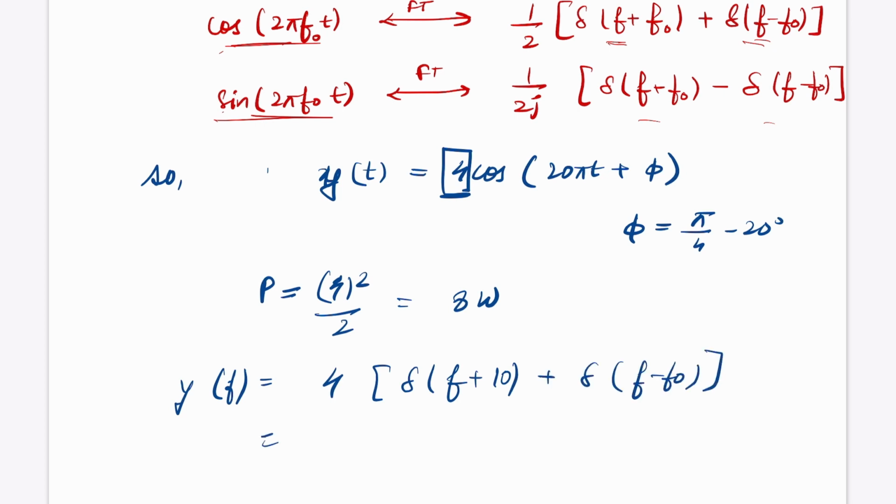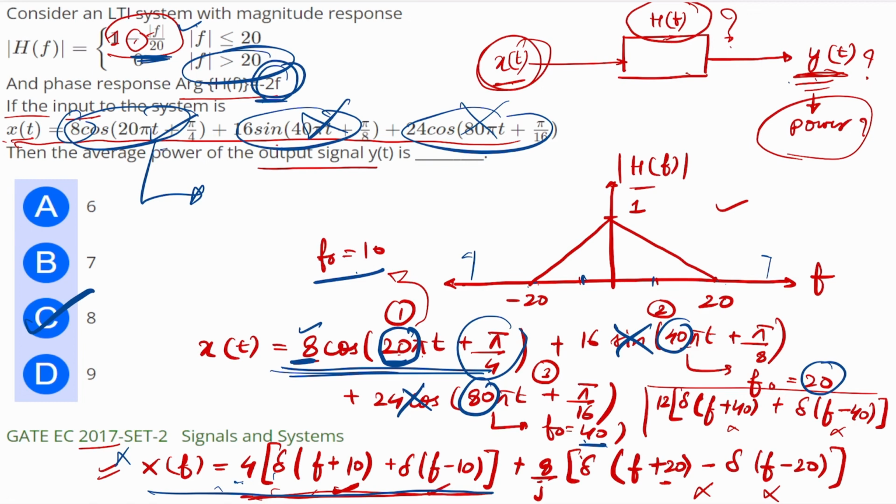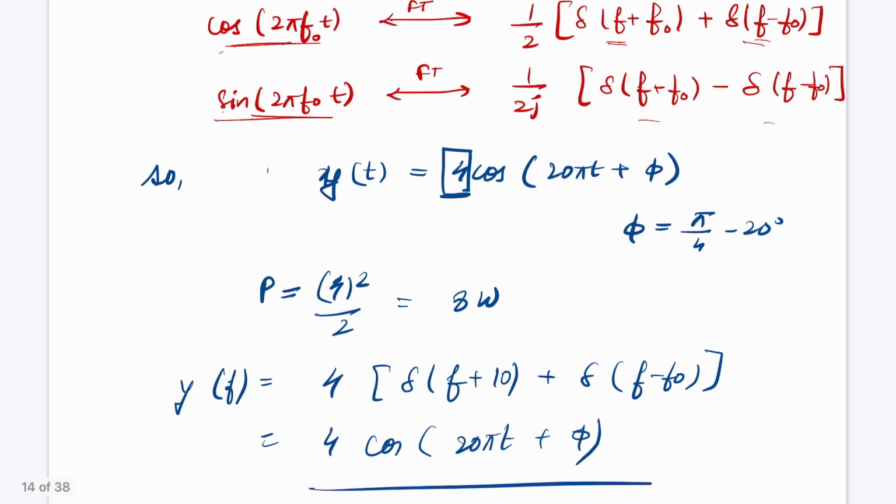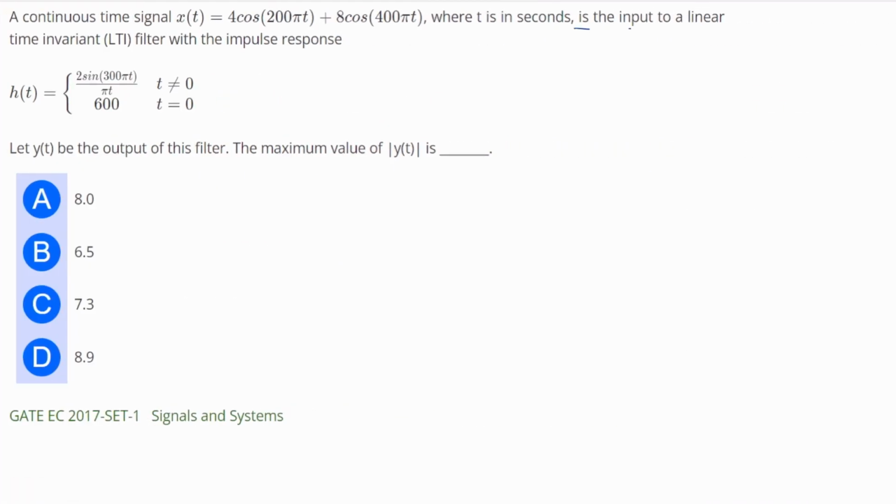You can again do the conversion, so the conversion will be cos 20 pi t plus some phase. By this conversion, you can see that only the first signal will pass and these two will not pass. From this, you can easily calculate the power, because power of any sine and cosine signal is nothing but amplitude square by 2. Right. Moving on to the next question.